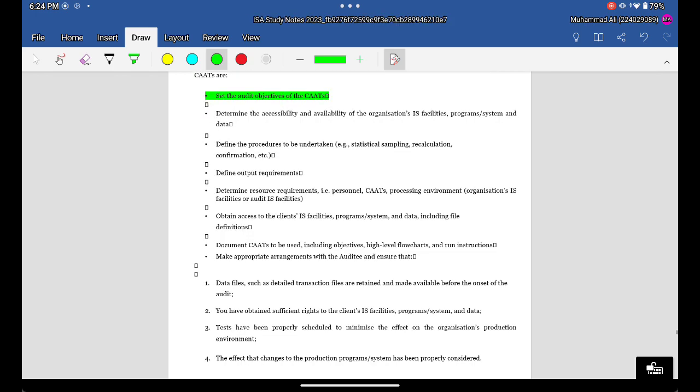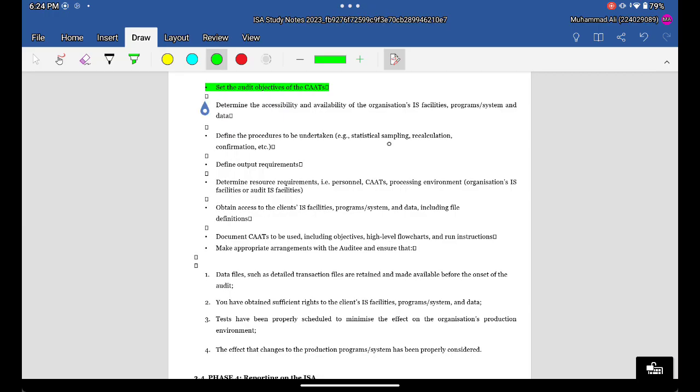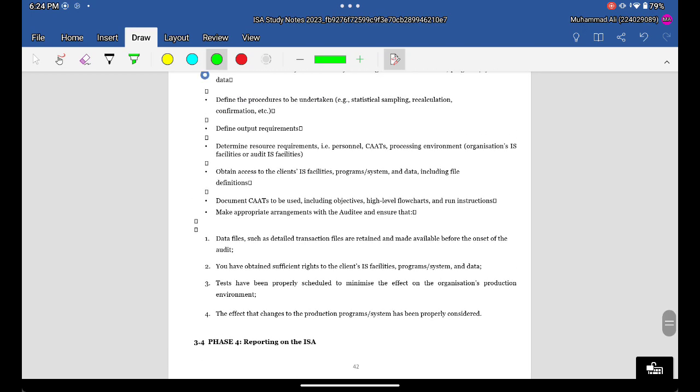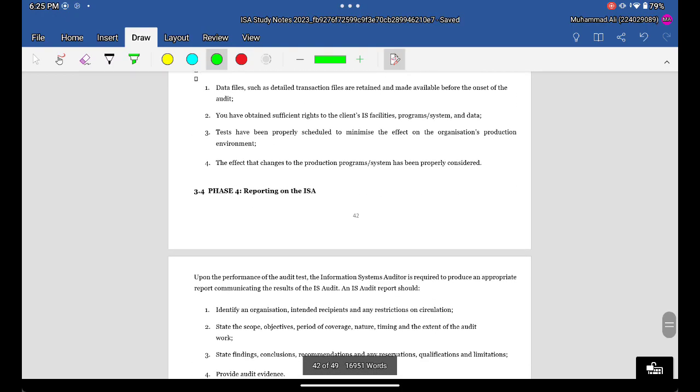Define the procedures, what the computer must do, such as statistical sampling. Basically you're telling the computer, I need you to audit a certain thing, test this system, give me stats, or whatever.